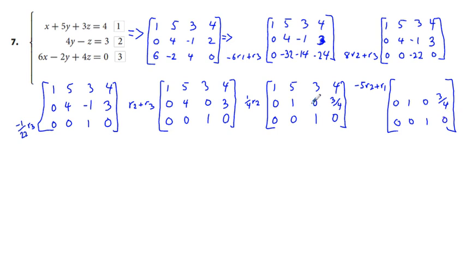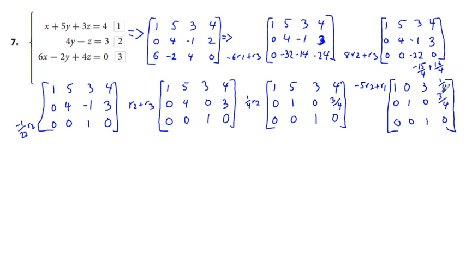And then we have negative 5 R2 plus R1. Well, we're still going to have 1 here. So negative 5 R2 plus R1, that's going to zero this out here. Negative 5 R2 plus R1 is going to be 3. And for the last entry, negative 5 times 3/4 is going to be negative 15/4, and 4/4 is going to be plus 16/4. So we're going to have 1/4 here.